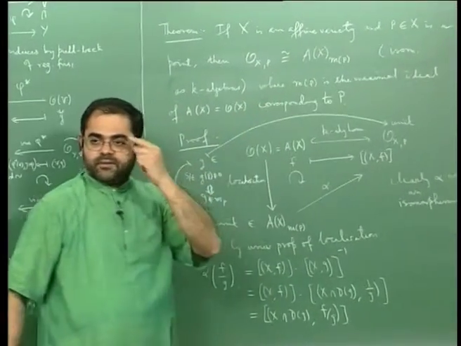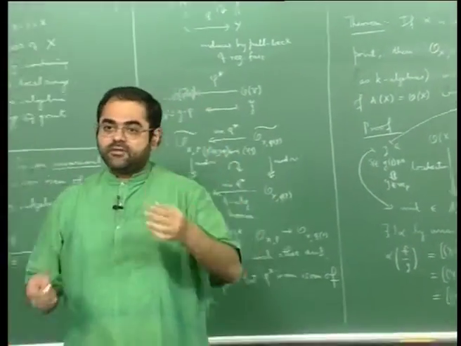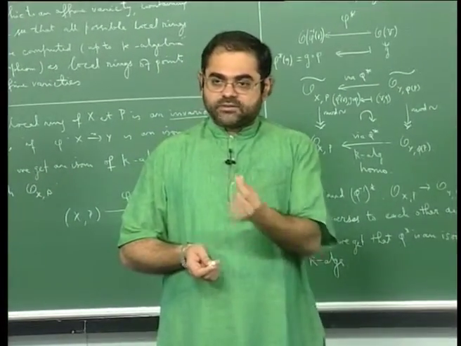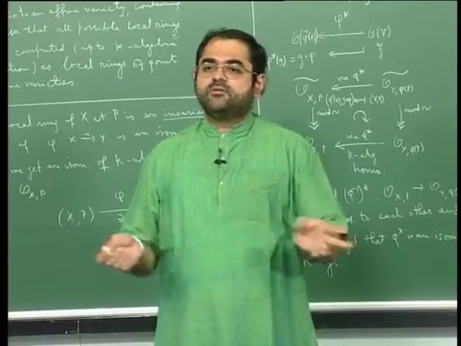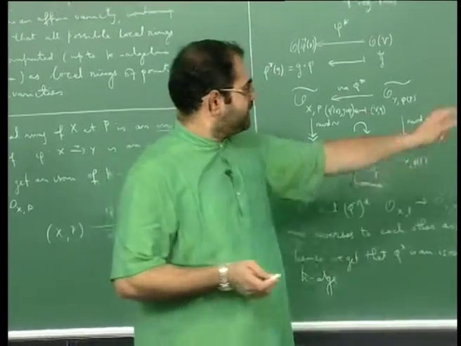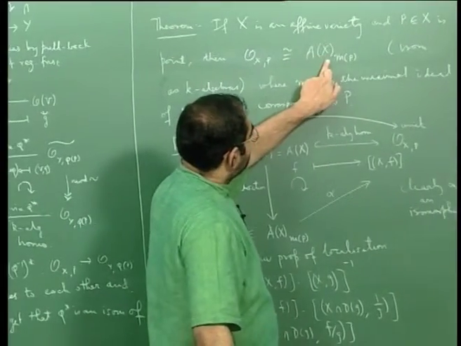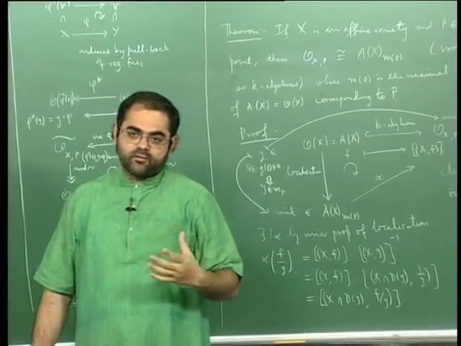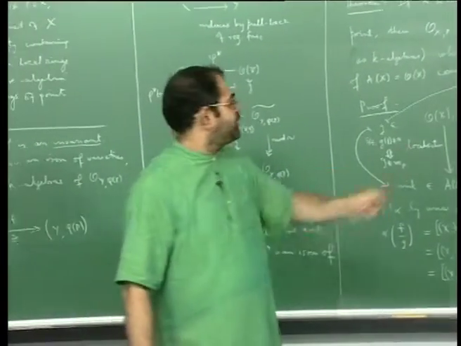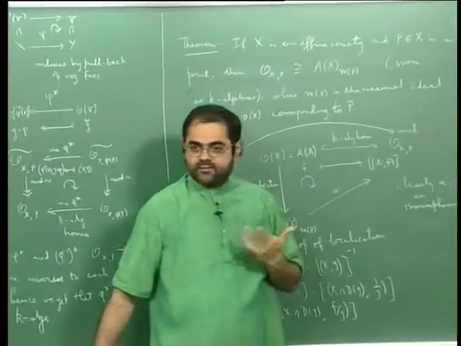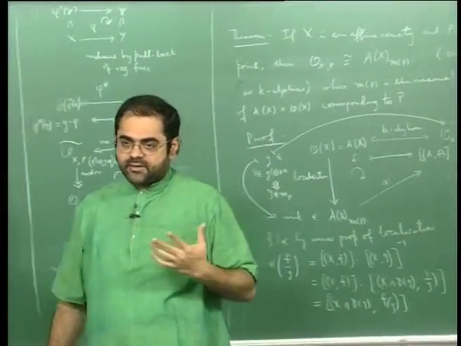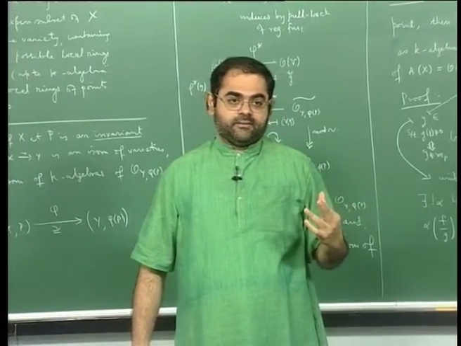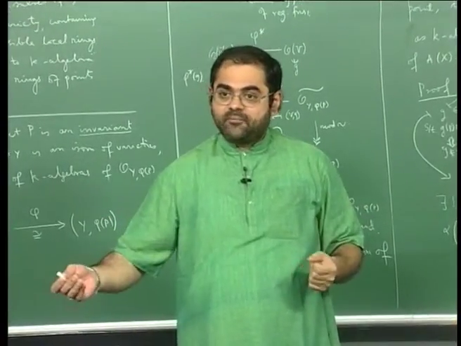The moral of the story is that whenever you want to go down to commutative algebra and focus attention at a point, all you will be doing is looking at this ring: you will have some finitely generated K algebra which is an integral domain. These are what affine coordinate rings of varieties look like, and then you will have to localize it at a maximal ideal. These are the rings that you have to study in commutative algebra if you want to get at what happens geometrically at a point on a variety.